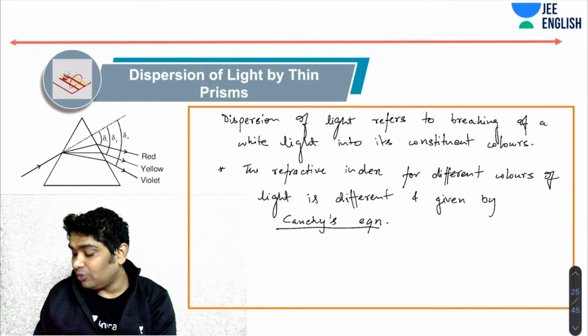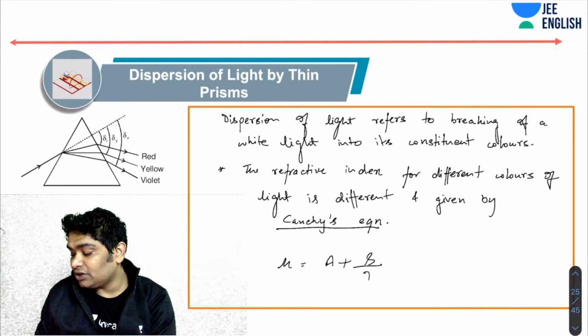So this is a very important equation. This equation tells you that mu is A plus B over lambda square.